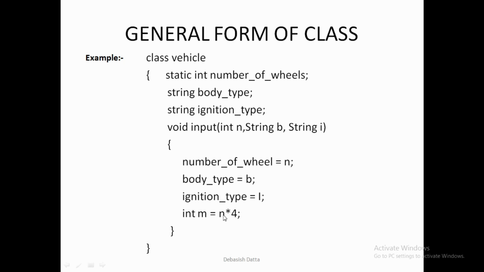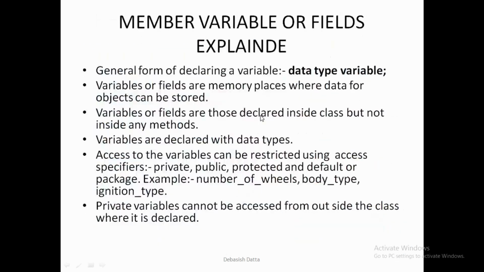Hence, the member variables of the vehicle class are not M or N or B or I. Its member variables are number of wheels, body type, and ignition type. Variables are declared with data types that we have already seen.